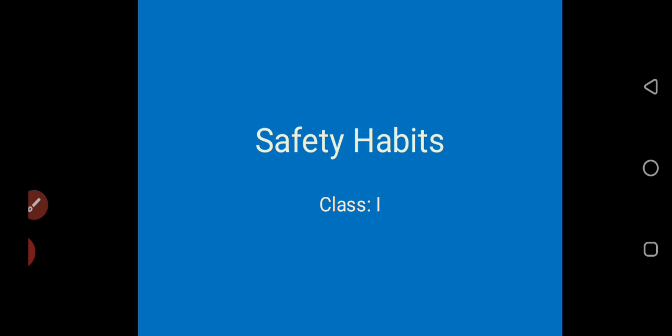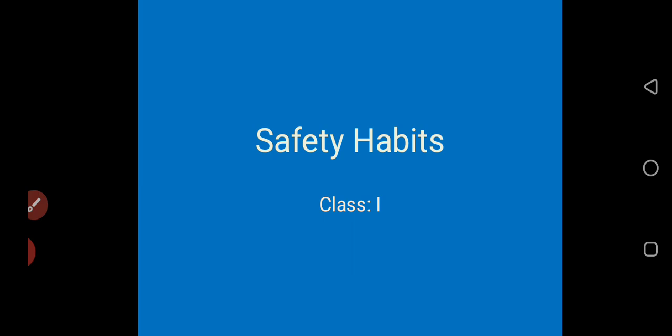For reading this chapter, you should know certain things at first. What is safety and what is habit? Safety, as we know, is the condition of being protected from risk, danger, or any kind of injury. This is called safety.